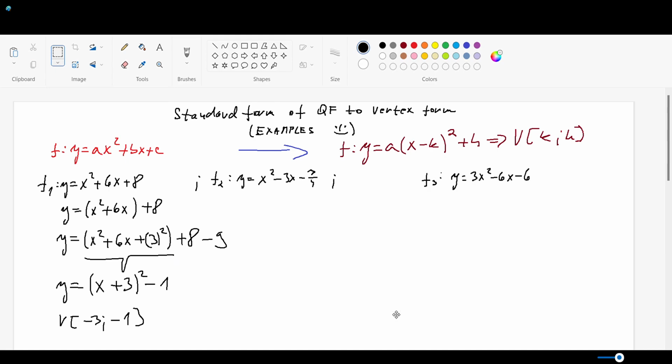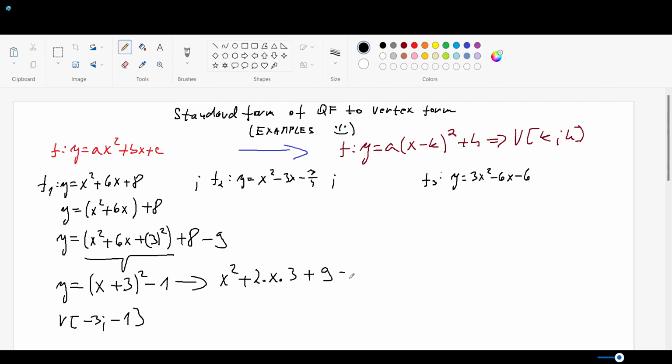Now I want to show you how you can go vice versa, from the vertex form to the standard form. This one is really easy, because you simply expand x plus 3 squared, take away 1, which is of course, by using the formula, x squared plus 2 times a times b plus b squared, which is 9.